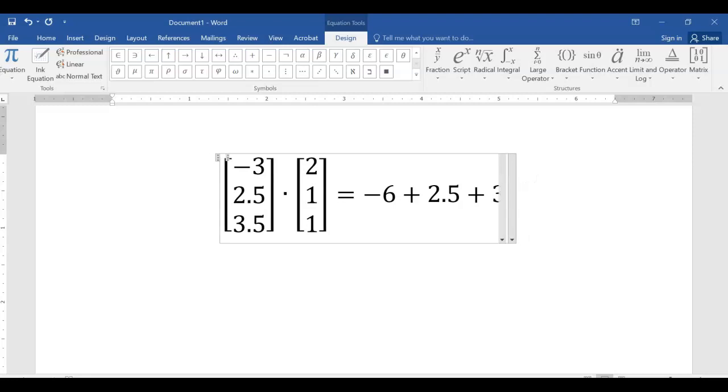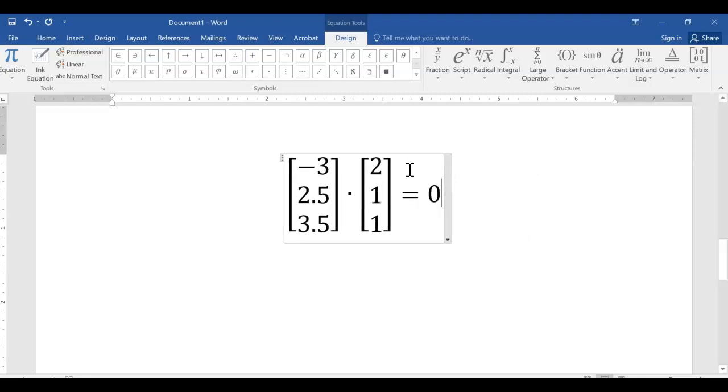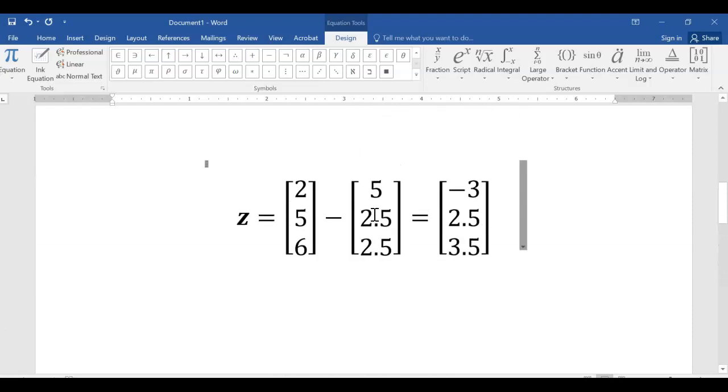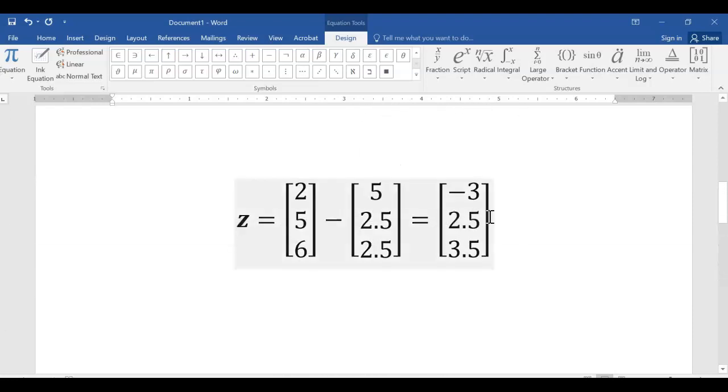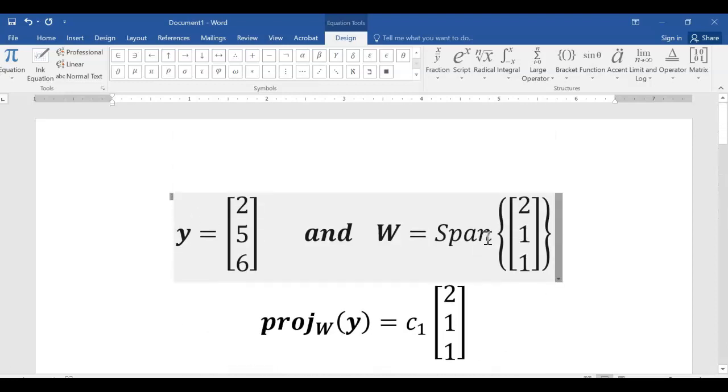So that shows you that our orthogonal component is in fact orthogonal to every vector in the subspace. Since it's orthogonal to the basis element, it's orthogonal to every vector in the subspace, in the span.